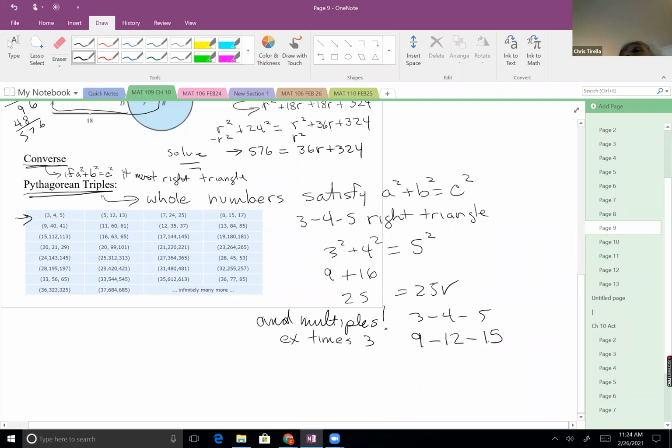Is everybody all right? I just tripled all of those numbers. And if I look, 9 squared plus 12 squared should equal 15 squared. 81 plus 144 will give me that 225.